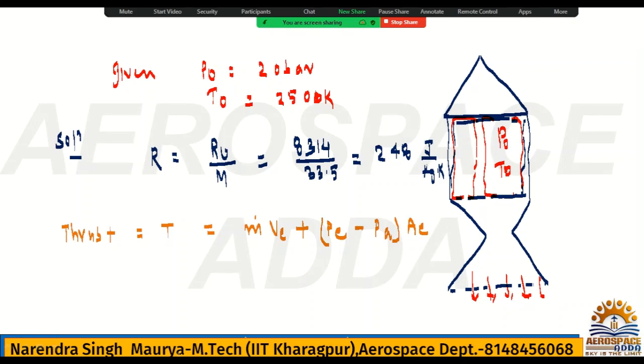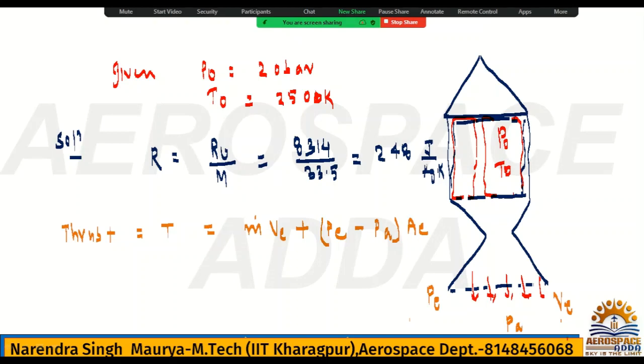This is the thrust formula. Here this is the exit velocity, this is the atmospheric pressure PA, and this is the exit pressure PE.